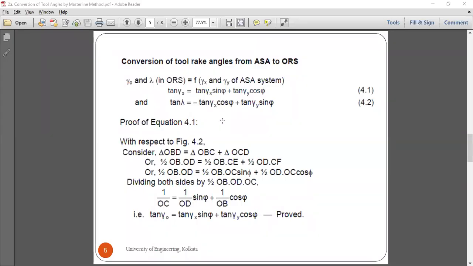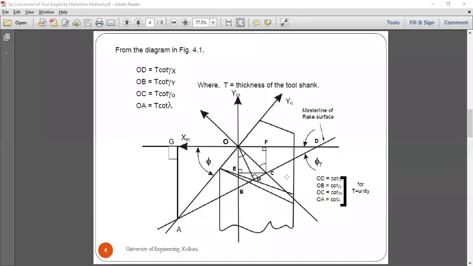So if we consider the triangle OBD, this triangle, right? Why this triangle? Because OB corresponds to gamma y and OD corresponds to gamma x. You may ask why we are only considering this triangle and not other triangles like OAC.